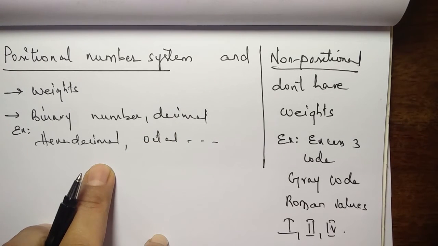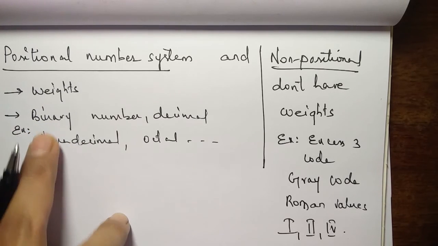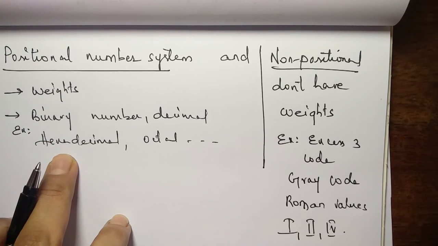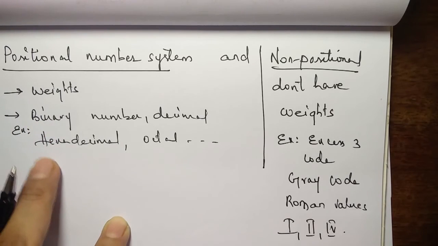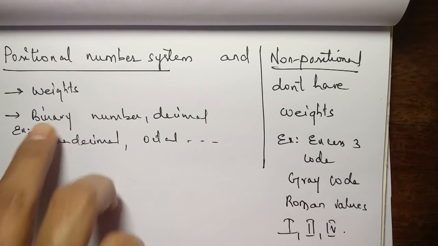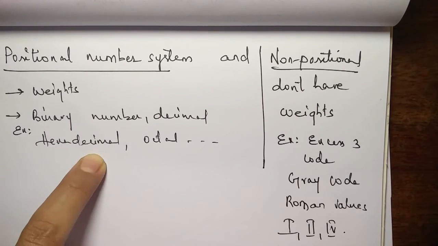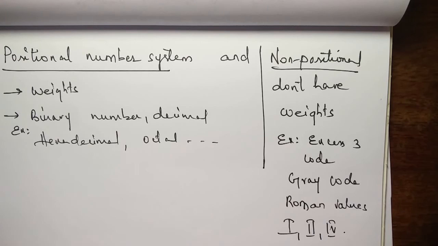But programmers mostly use hexadecimal and binary number systems, because the computer understands the binary number system. When the number of symbols is more than enough and we can't read them, to make it a shortcut we use the hexadecimal number system, which is a combination of both numbers and alphabets.